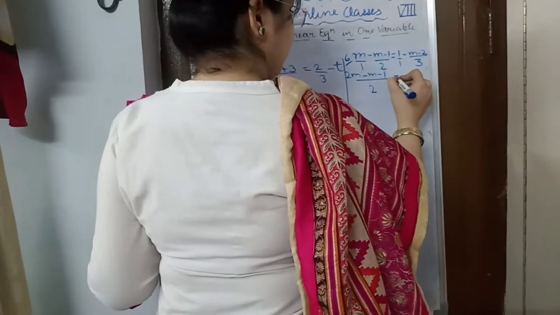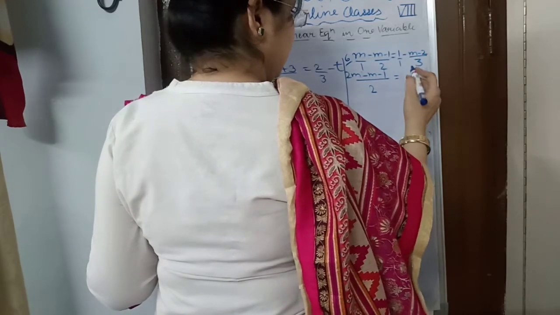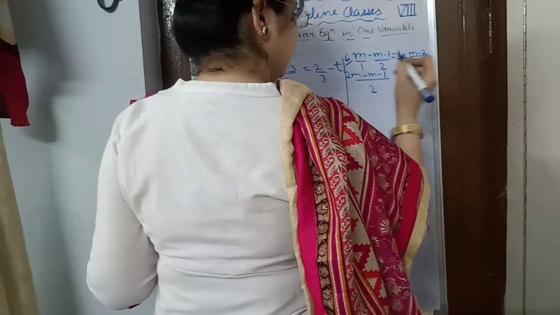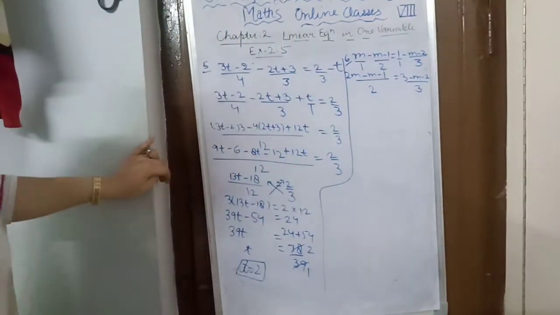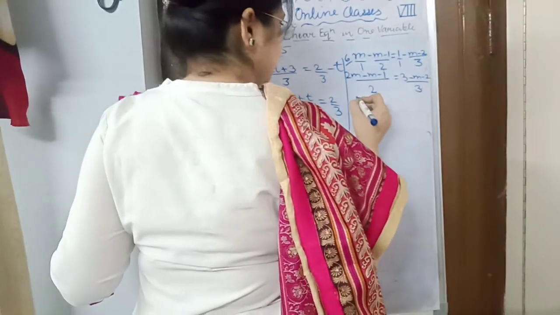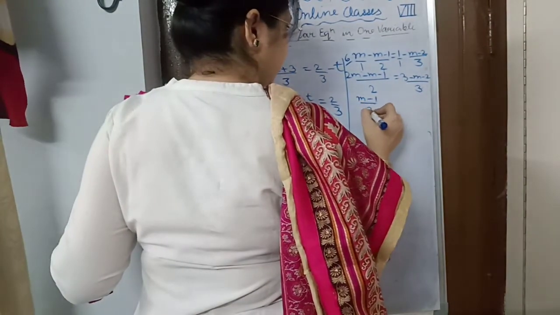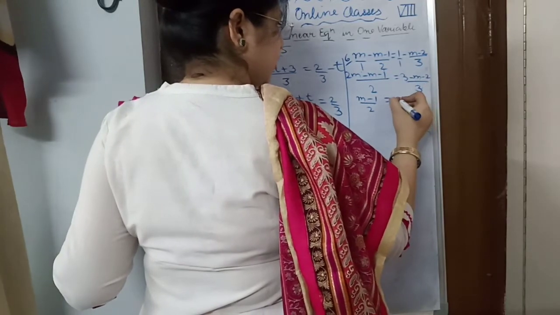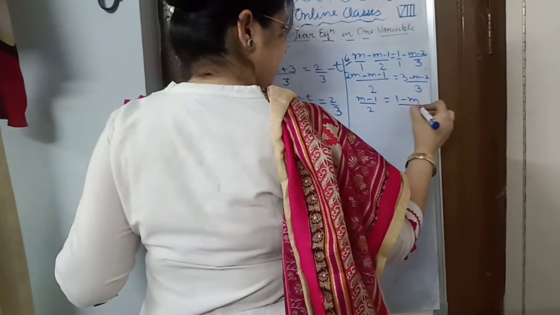Okay, and here 3 minus m minus 2 upon 3. Okay, so what you will get here, 2m minus m is m minus 1 upon 2 is equal to 3 minus 2 is 1 minus m upon 3.